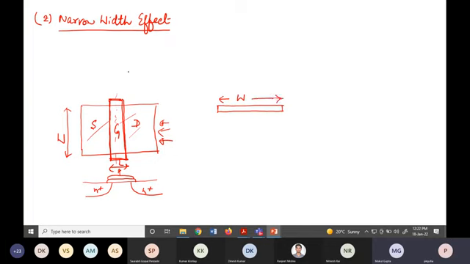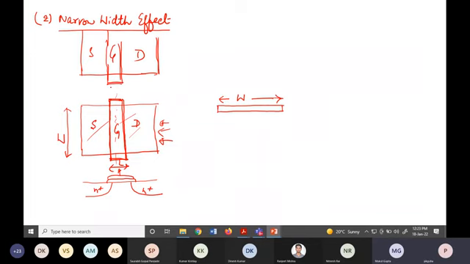Now I have other MOSFETs also. In a wafer, or in your chip, you will have millions of transistors. So there will be other transistors sitting adjacent to it. There will be another active region, say source, drain, this is my gate, and so on. So you have to isolate the adjacent MOSFETs, and the way you isolate adjacent MOSFETs is by having field oxide.